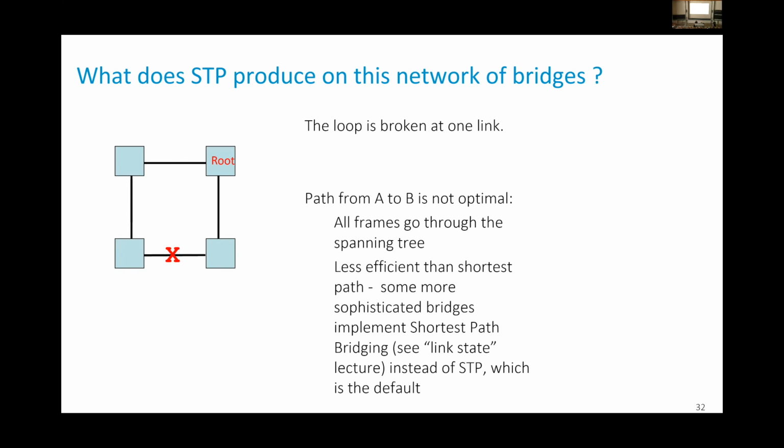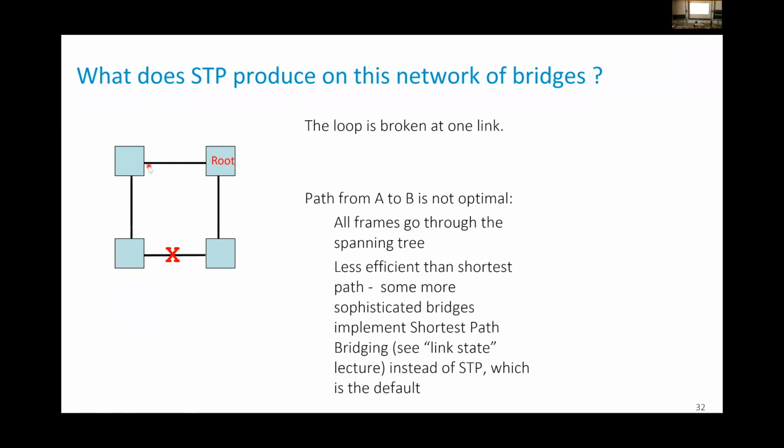It will always pick exactly one shortest path, which is very different from routing. We'll see that routing protocols typically insist on having multiple paths if there are paths of equal cost, because that improves the reliability of the network. Bridges have a different goal. They want to eliminate loops, so we pick exactly one shortest path.